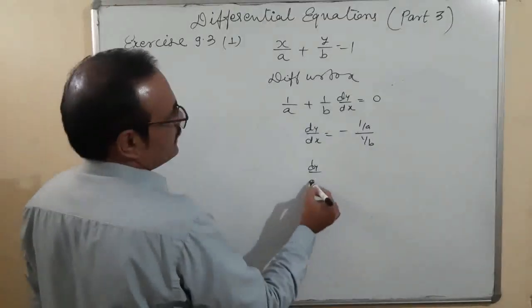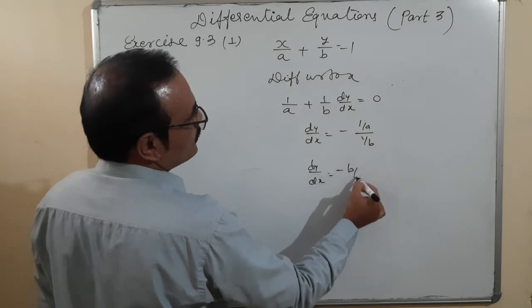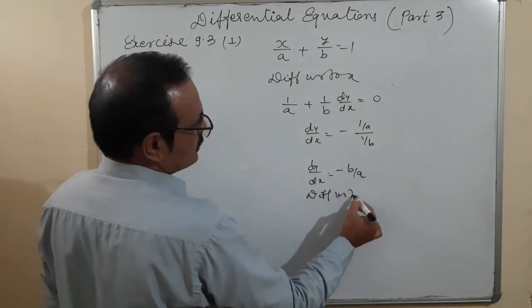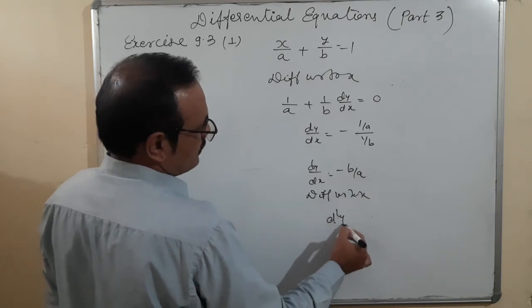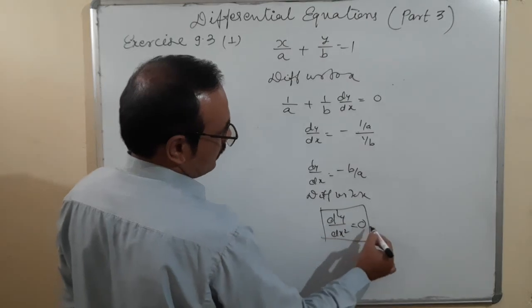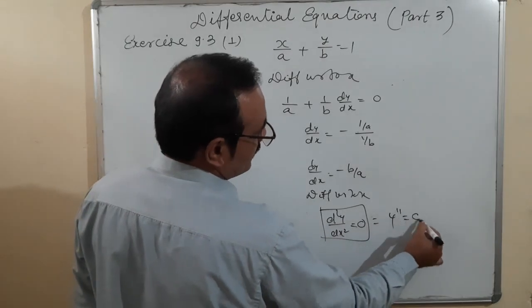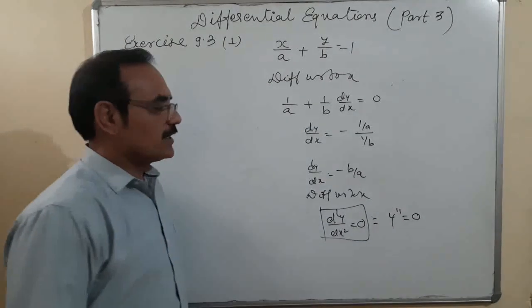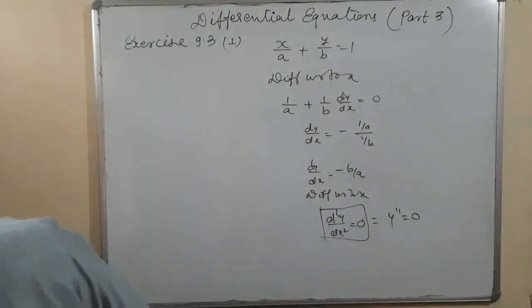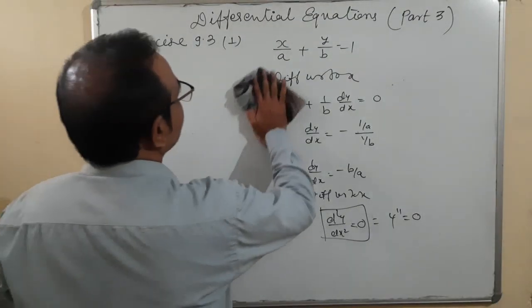So dy by dx is equal to minus b upon a, and again differentiate with respect to x. So d square y by dx square is equal to 0. So what does it mean? y double dash is equal to 0. This is the differential equation of the family of straight lines.